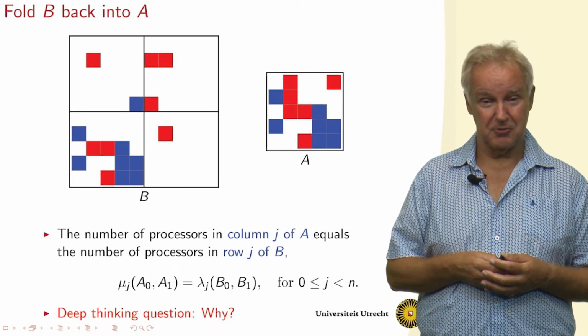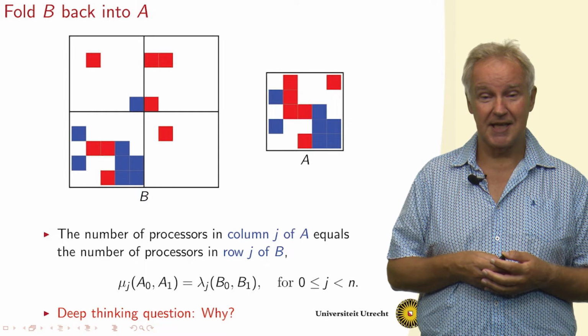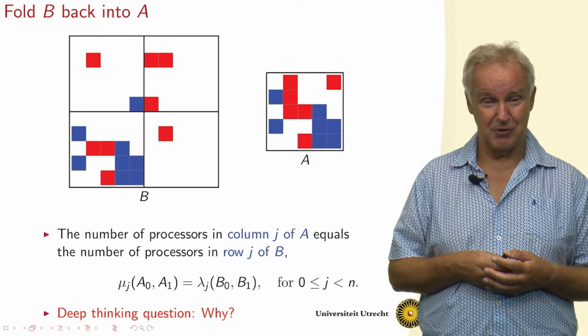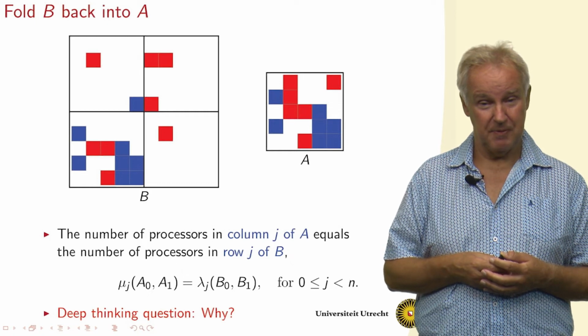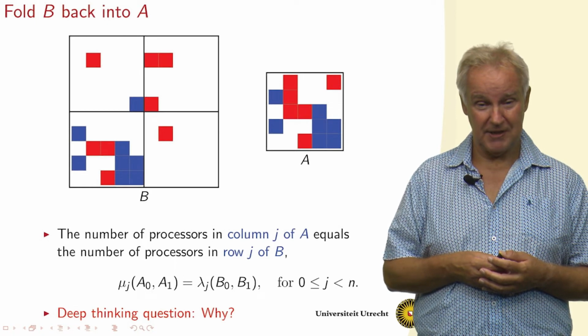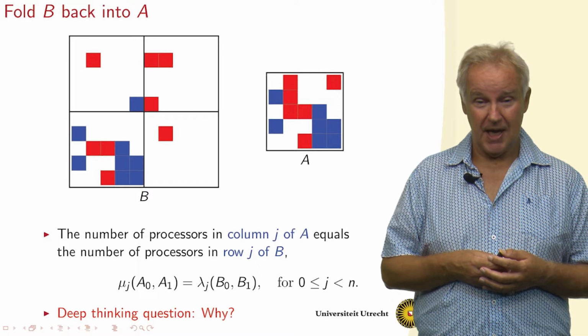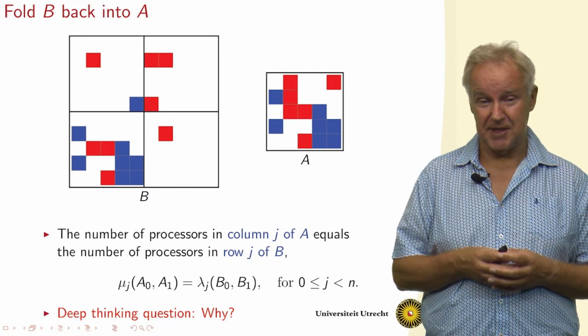They are also transferred into A, but then they are transposed. And for example, row 1 of the matrix B will end up as column 1 of the matrix A. So this is how we translate this back.